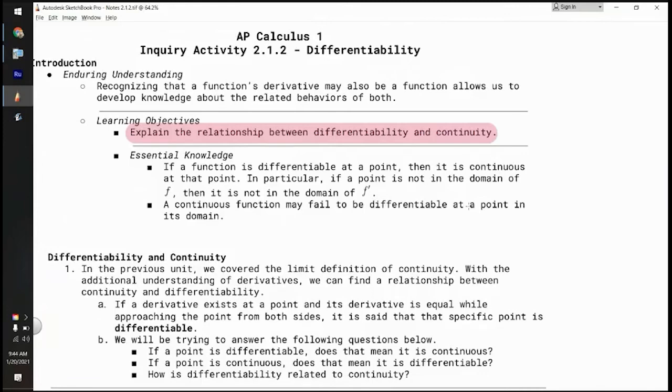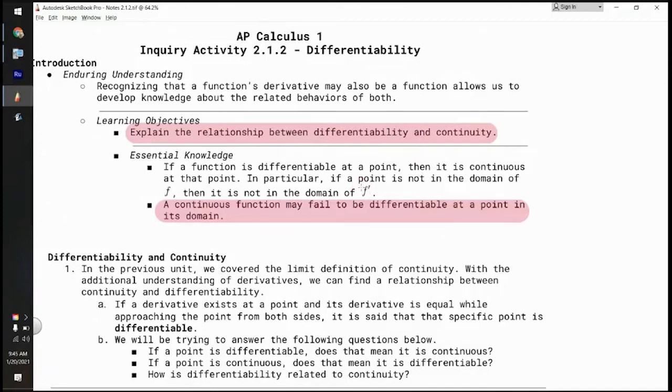If it's continuous and a sharp turn, then it's not differentiable wherever that sharp turn is happening. It says a continuous function may fail to be differentiable at a point in its domain, again, with a sharp turn. And if a function is differentiable at a point, then it is continuous at that point, because it never would have gotten that far to begin with.